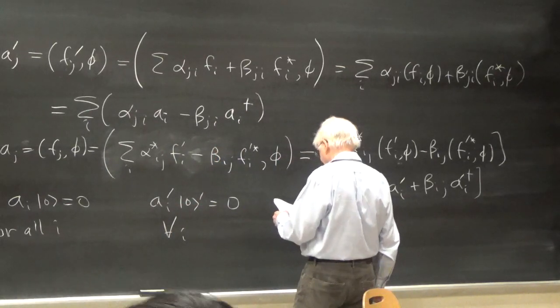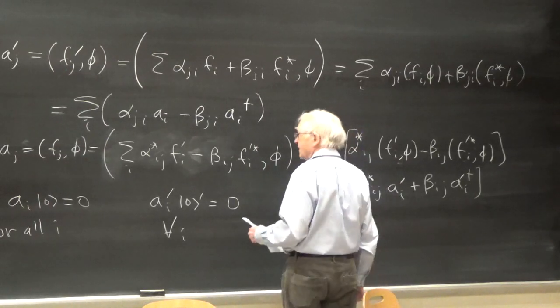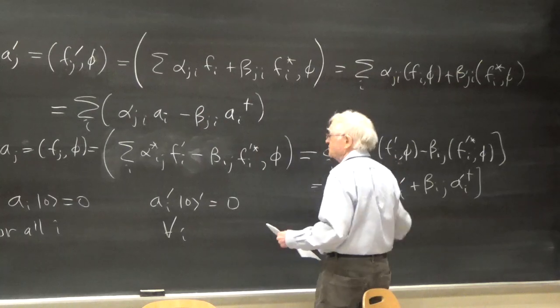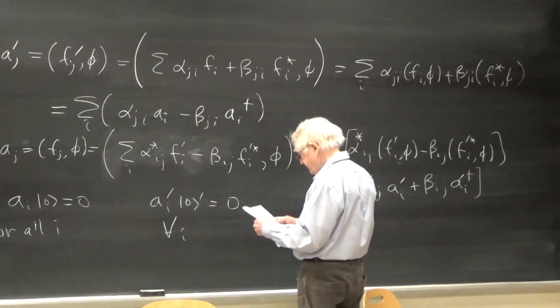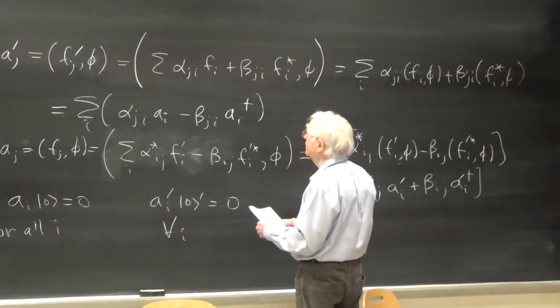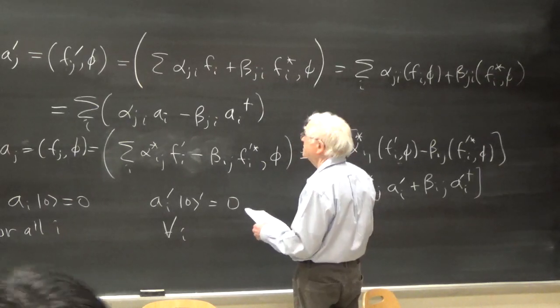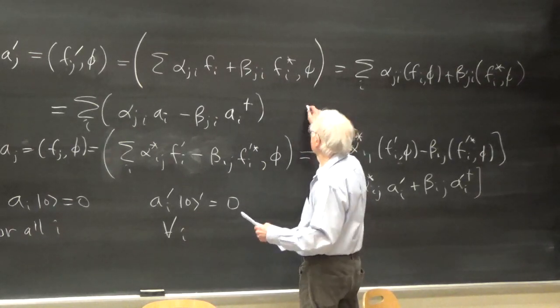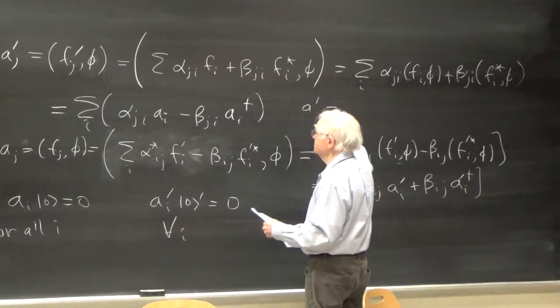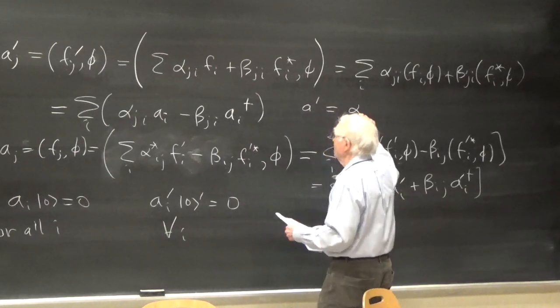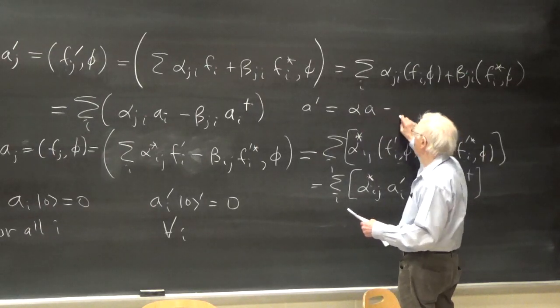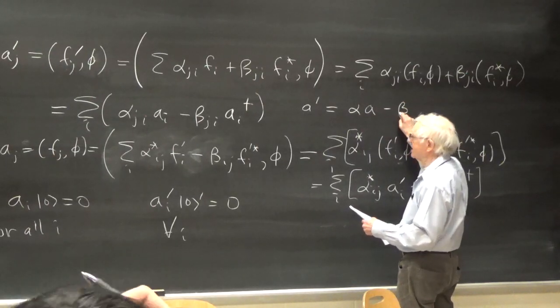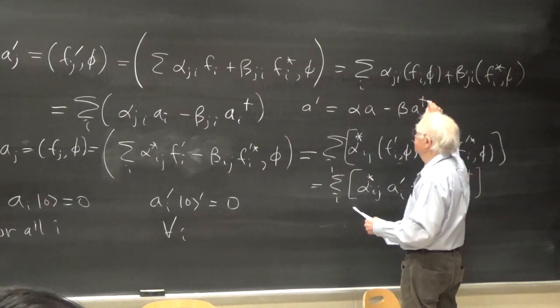Okay, so let's write these equations in matrix notation. The top equation is A prime is equal to the matrix alpha times the vector A minus the matrix beta times the vector A dagger.